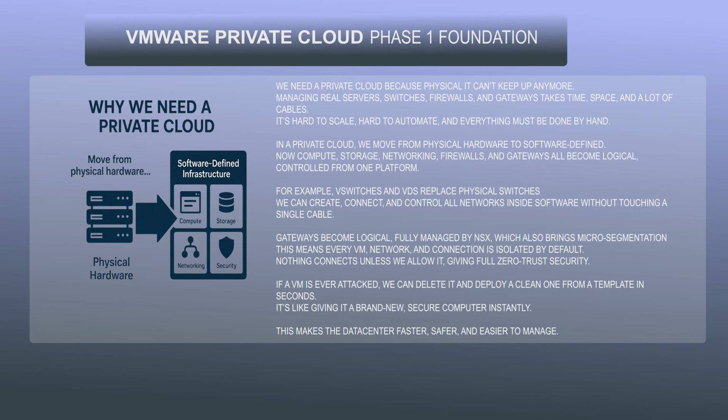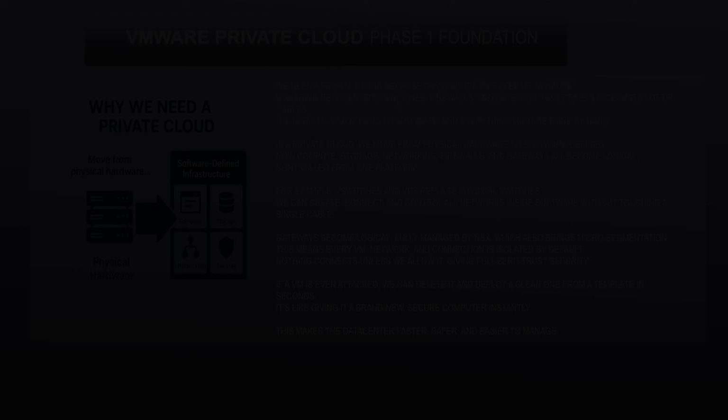Nothing connects unless we allow it, giving full zero-trust security. If a virtual machine is ever attacked, we can delete it and deploy a clean one from a template in seconds. It's like giving it a brand new secure computer instantly. This makes the data center faster, safer, and easier to manage.